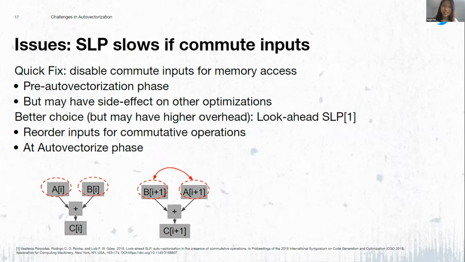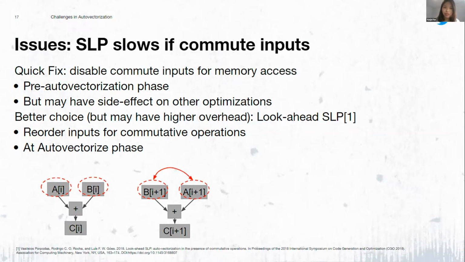A quick fix is just to disable commuting inputs for memory access. When we find the compiler tries to commute inputs, we just disable that. But this is done before the autovectorization phase, which means it may have side effects on other optimizations.